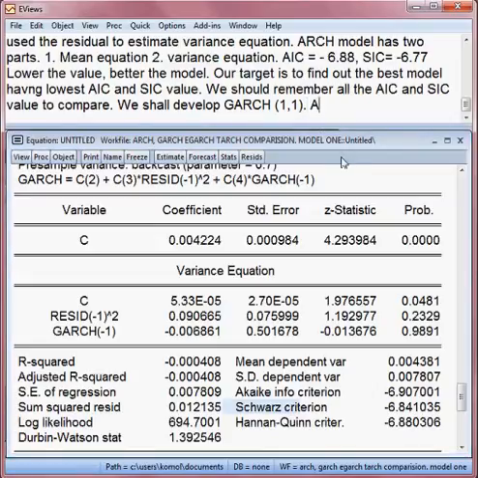The value of AIC is minus 6.90, and SIC, the Schwarz criteria, is minus 6.84, right? You can see from here 6.84. So one is minus 6.9 and the other is minus 6.84.